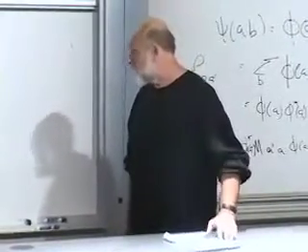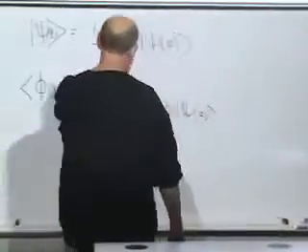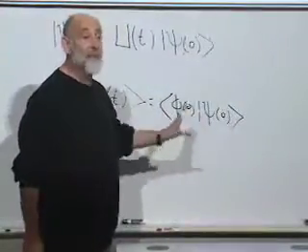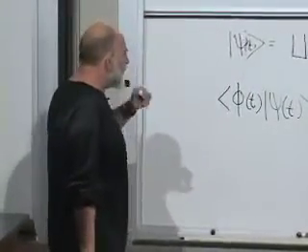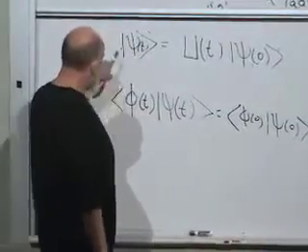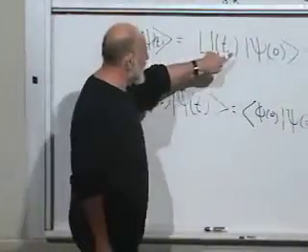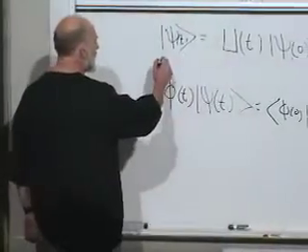All right, let's see what this condition says, and this is true for any pair of vectors psi and phi. Let's see what it says about u. Psi is equal to u of t times psi, but let's look at the bra vector. What about the bra vector?